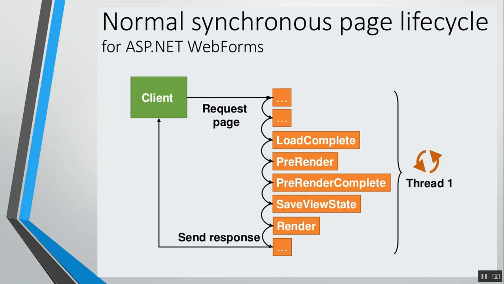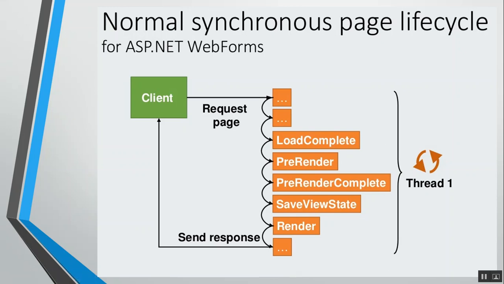After rendering into an HTML format, the response is sent to the client. All of this is performed in a single thread, which means the steps are executed one after another.